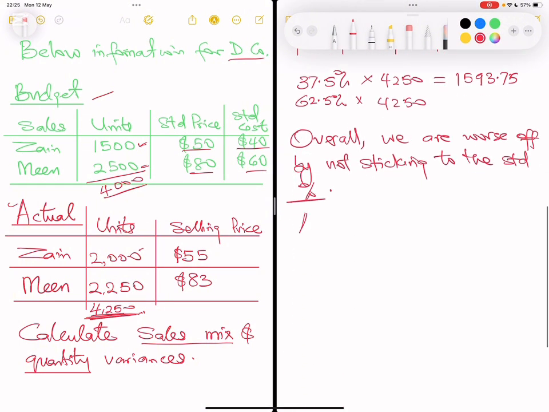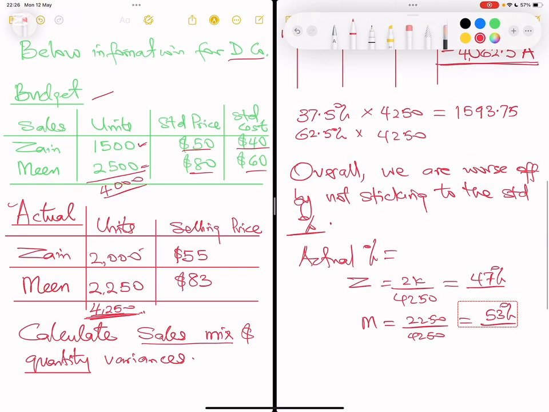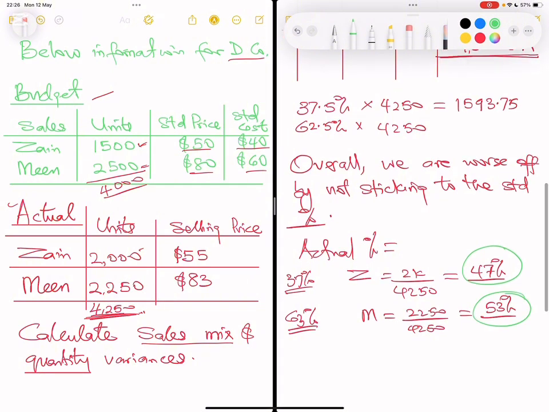But let's see the actual percentage. How did we sell them? We're supposed to sell 62%, or approximately 63%, of Mean by our plan, and approximately 37% of Zen. But instead, we sold 47% of Zen and 53% of Mean. So we sold more of Zen, but less of Mean.